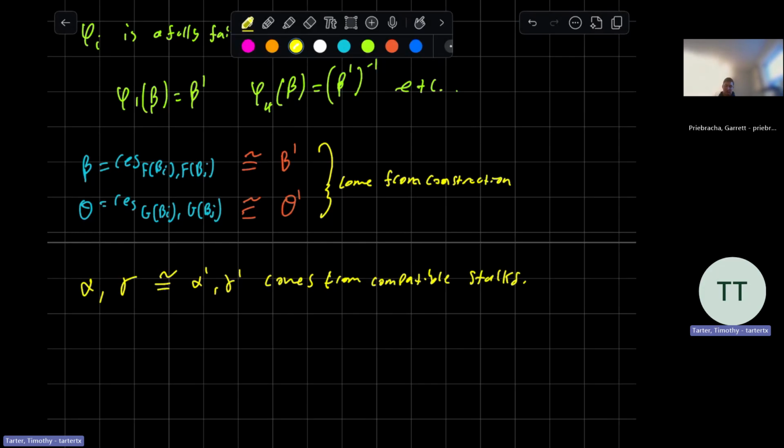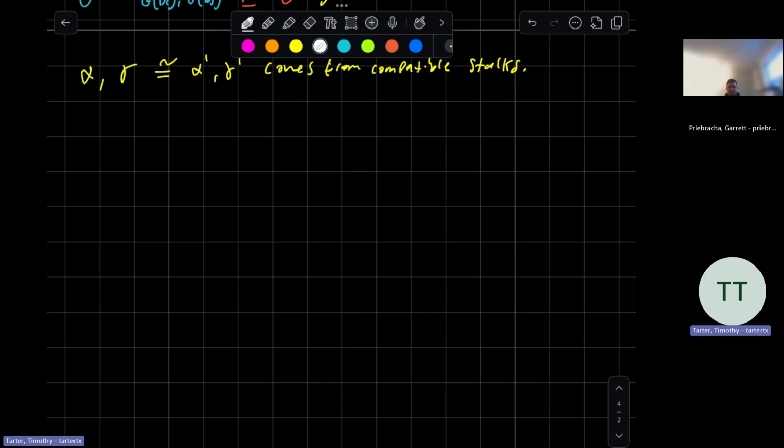And then restriction maps are module maps between open subsets.